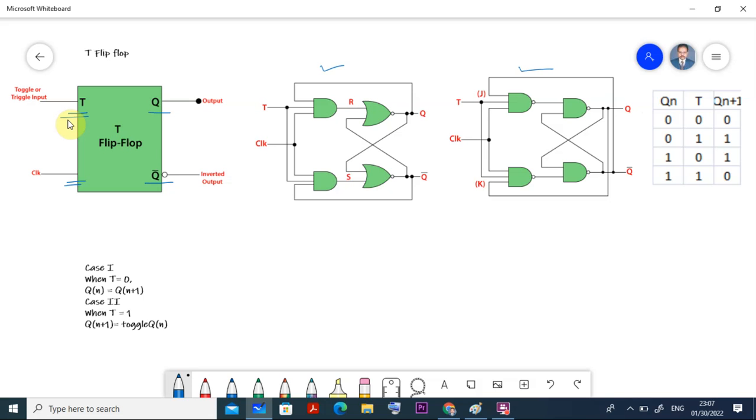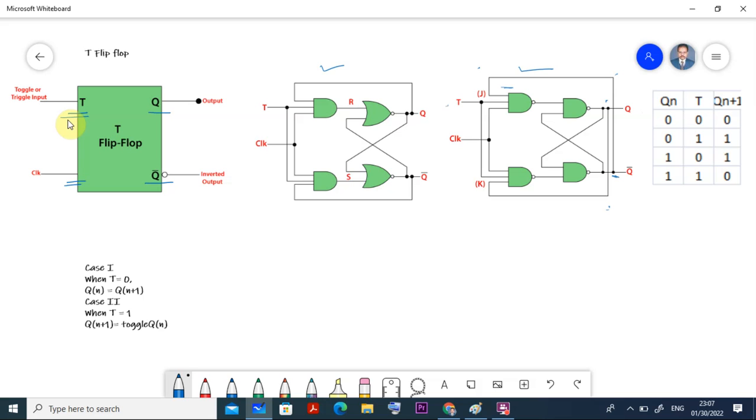If you remember our previous JK flip-flop, the output of this one comes through this point to here, where the input is provided. Similarly, the output of the first one, that is Q, comes through this point to the K input. Previously for JK we had separate inputs, J equal to 1 and K equal to 1, but here we are not doing like this.